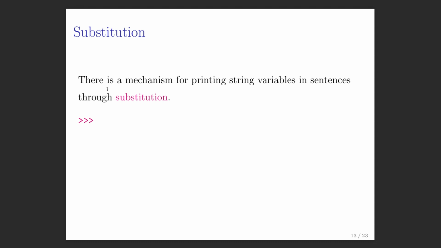Something you may require, right? Suppose you wanted to write a program which prompts the user for their name and their age, and you want to print user's name is this, user's age is this. You could write a really long statement with pluses, but there's a substitution command which will expedite this process. So if I say x is hello, I say y is world, because I can set variables to strings, why not?